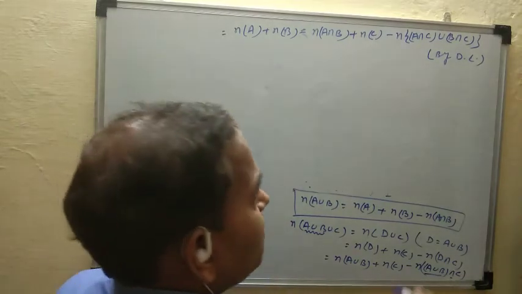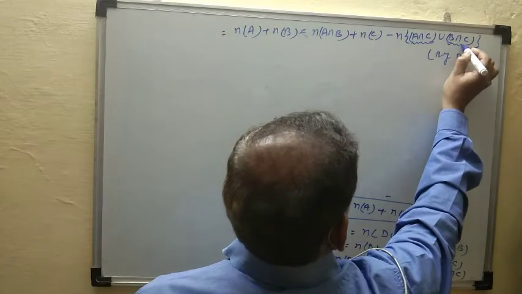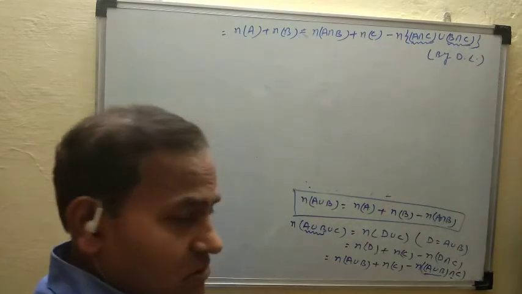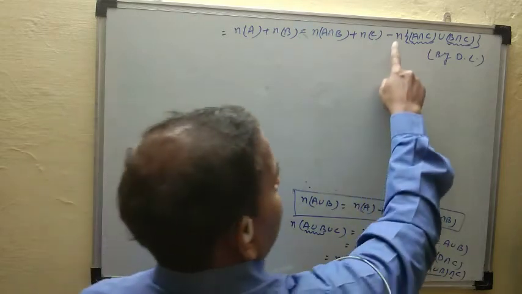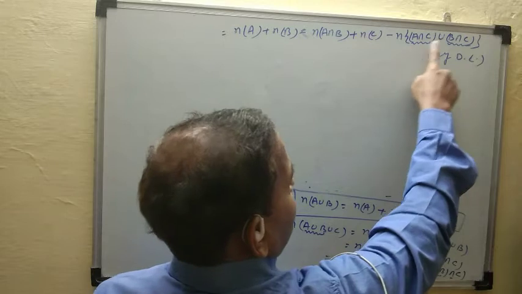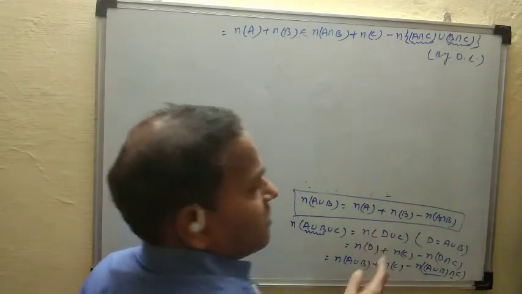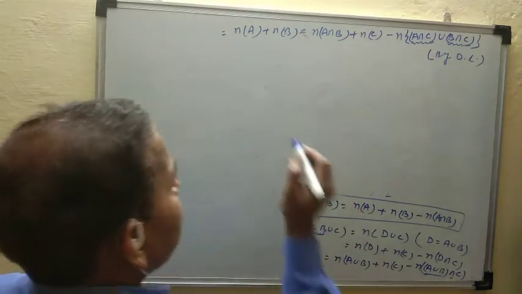Now we suppose this set is A and this one is B. So again use the formula number of A union B, and the rest of the elements stay the same.